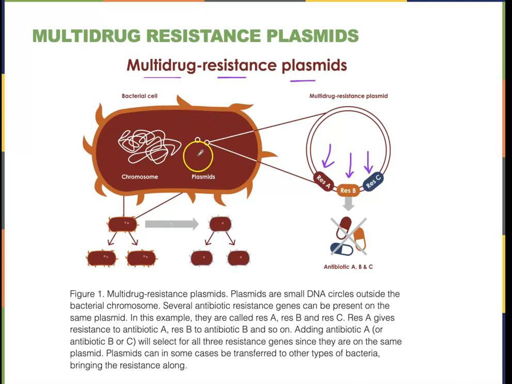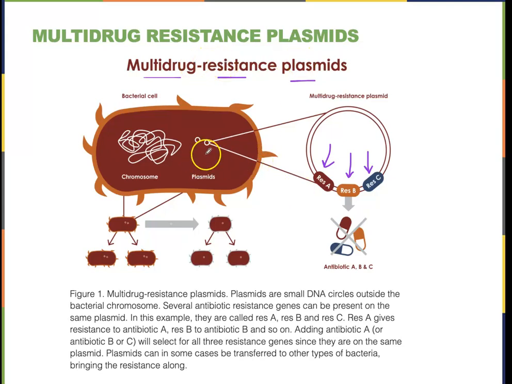So all this bacterium needs to do is pick up one plasmid. Lucky guy, right? It has 3 modes of resistance on that one plasmid. When you have more than one resistance factor on a plasmid, it's called a multi-drug resistant plasmid.